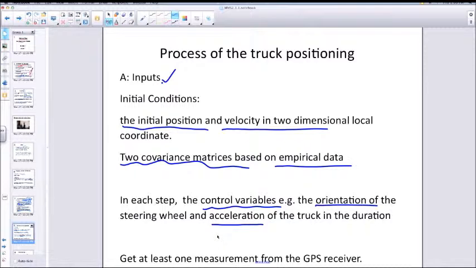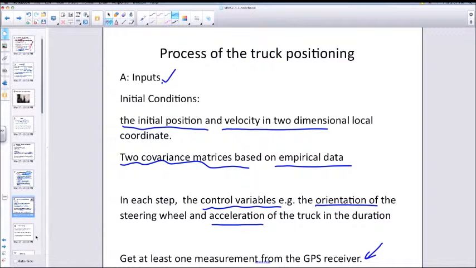Like if I do it every 10 milliseconds, the steering wheel should have just one direction. That's good. And other than this, of course, each cycle of the calculation, you need to get one GPS measurement from at least 4 to 5 satellites, or say just to get the GPS estimation. That's fine.